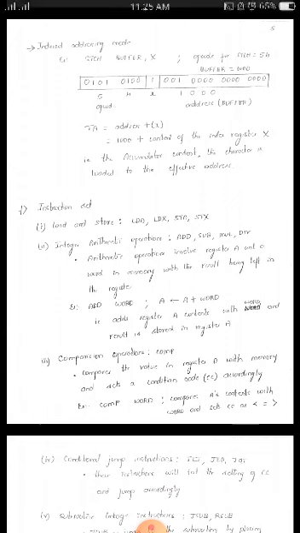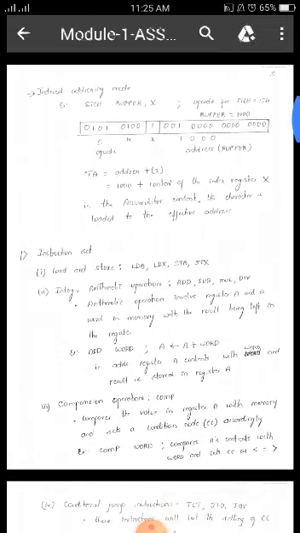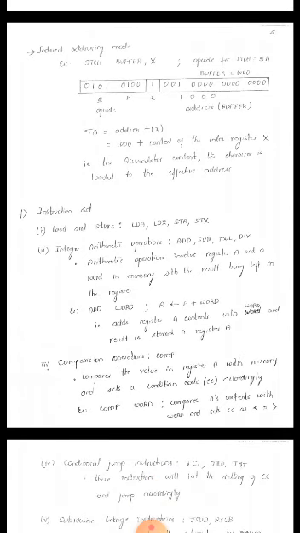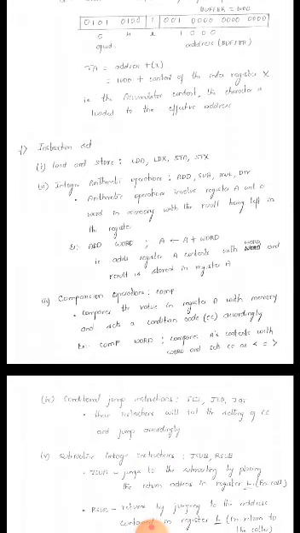It is 54 and buffer address is 1000. Okay, so the target address is equal to address plus X, that is the content of the index register X. So the accumulator content, the character, is stored at the effective address. That is, whatever is there in the accumulator will be stored at that particular index of the buffer. Okay, so that's your two instruction formats.